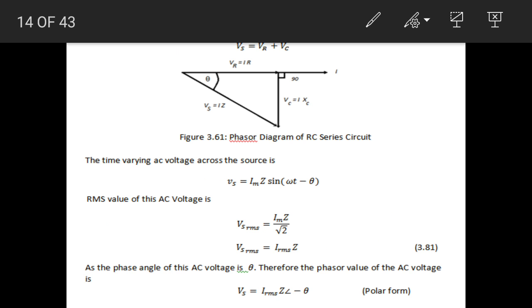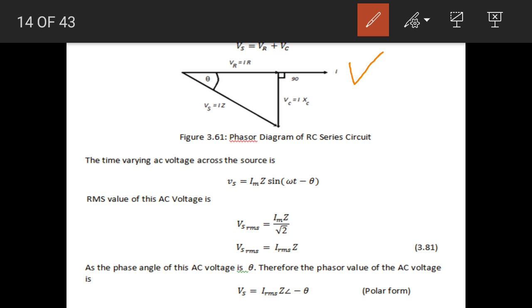We consider the phasor diagram of this RC series circuit. So the phasor for the current is along x-axis. This is a reference phasor because we shall consider the angle for the phasor Vr with respect to the current phasor.